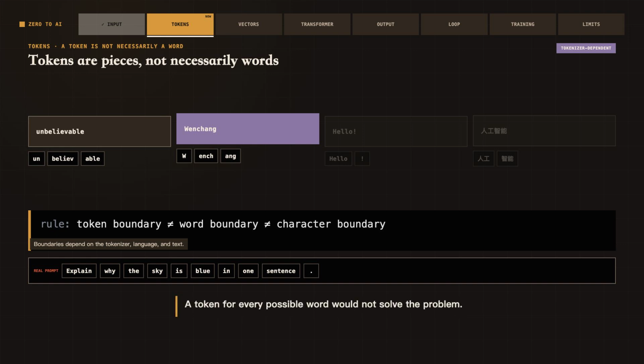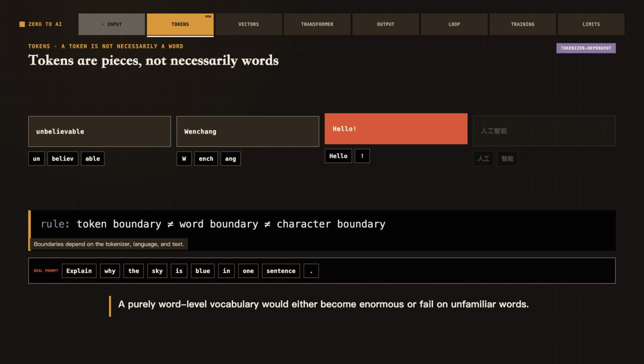A token for every possible word would not solve the problem. Language keeps producing new names, technical terms, spelling variants, URLs, code, and combinations that were not placed in a fixed word list. A purely word-level vocabulary would either become enormous or fail on unfamiliar words. A character-only tokenizer would keep the vocabulary small, but common words would require long sequences.